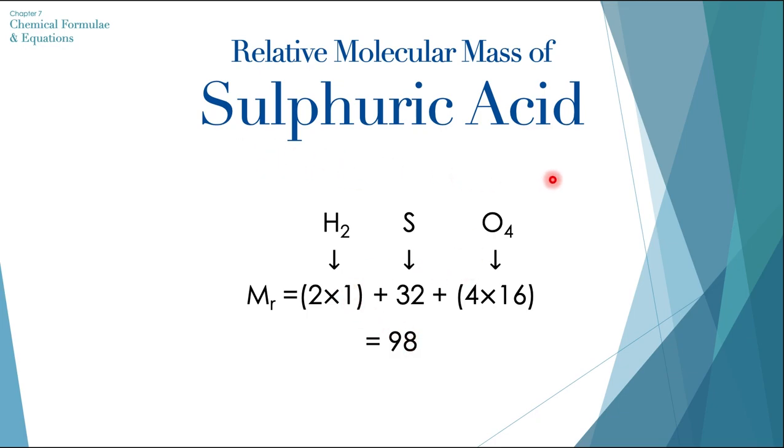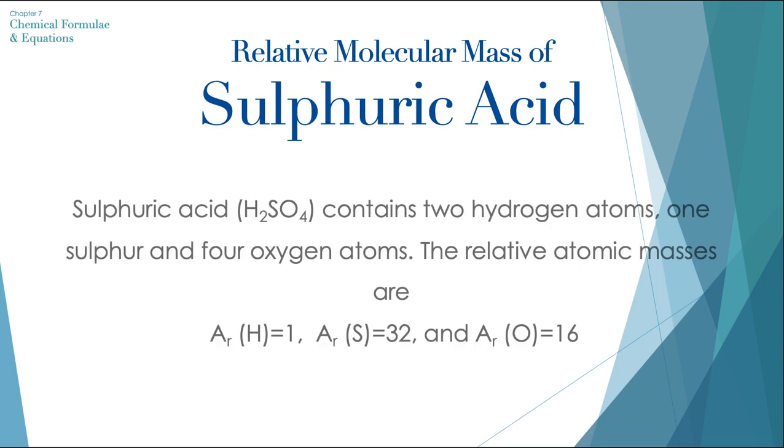So 98 is the relative molecular mass of sulfuric acid. It's pretty simple, right? To find out the molecular mass, we need to memorize the relative atomic masses of each element: hydrogen, sulfur, oxygen, and many other elements, so that we can find it. This was the relative molecular mass. What we just did is that because we know the relative atomic mass, we multiplied the relative atomic masses of each atom by their quantities.